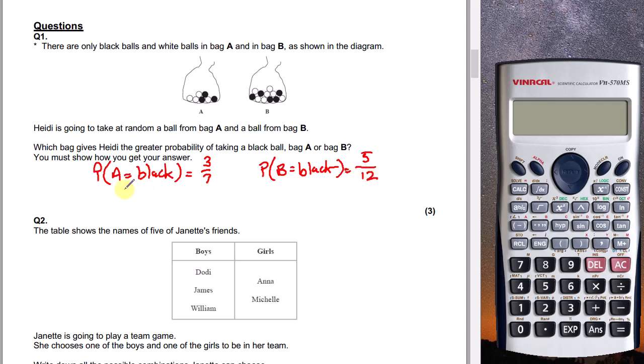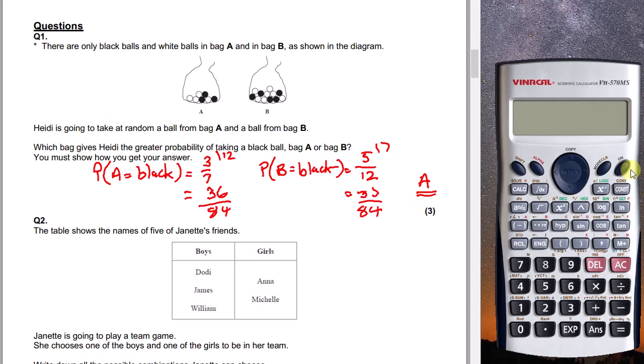So let's cross multiply. I could multiply that one by 12, multiply that one by 7. And that would be 36 over 84. And this one would be 35 over 84, which would show that A is best. And state it. Just showing the numbers doesn't work.